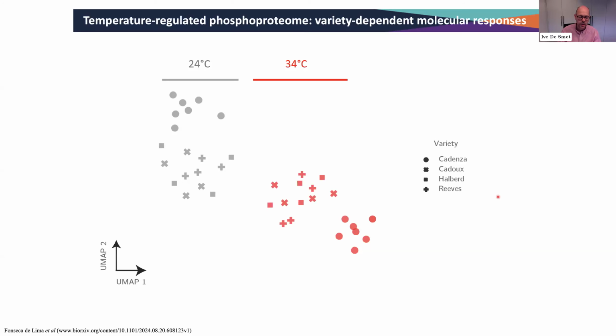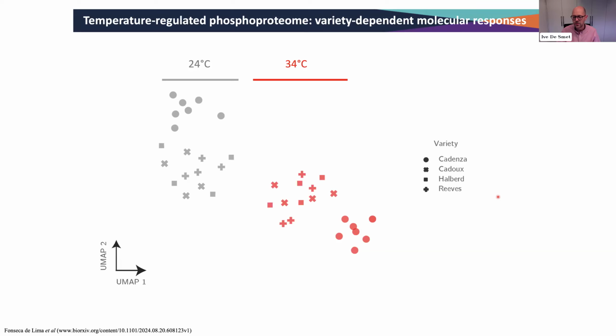Now, in addition, and this comes back to the title of my presentation, one of the things we aimed to achieve is to assess to what extent we can use this differential phosphorylation to improve breeding.